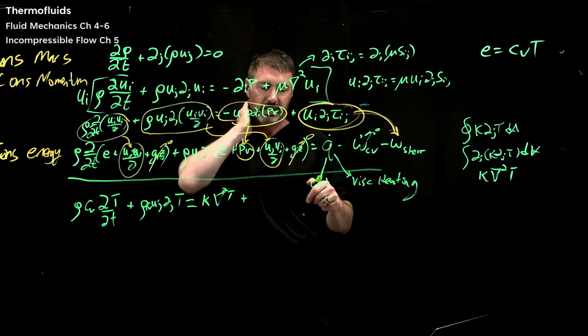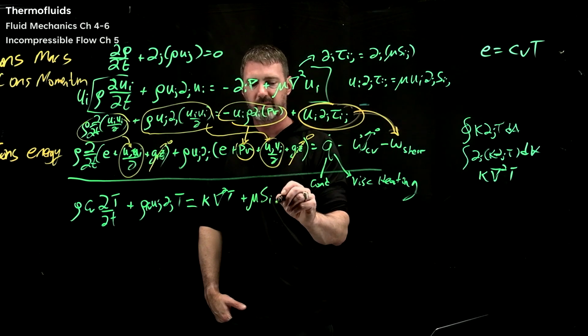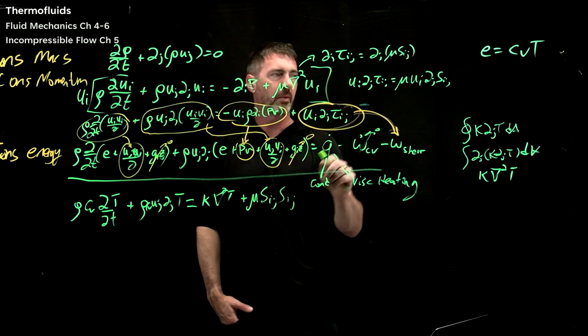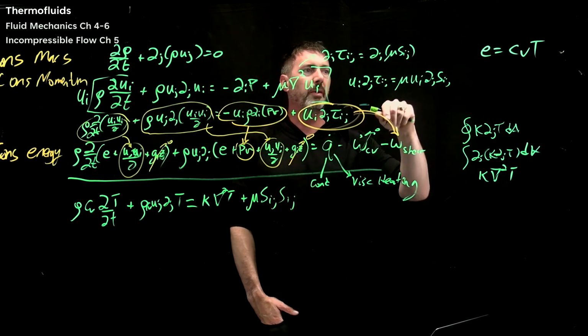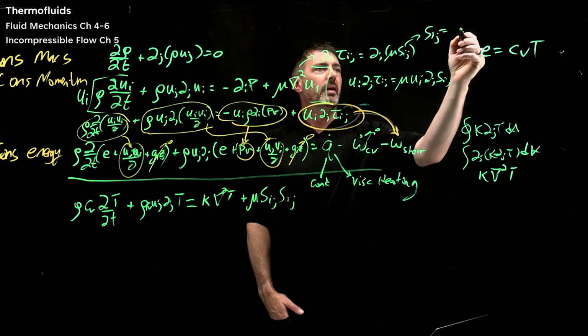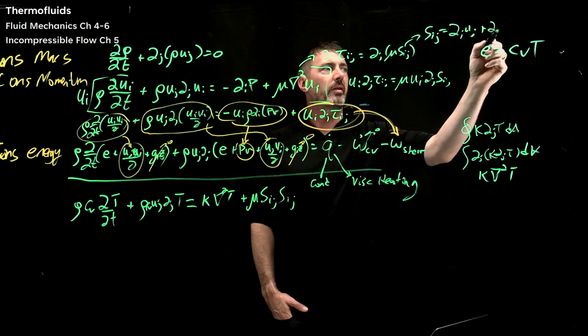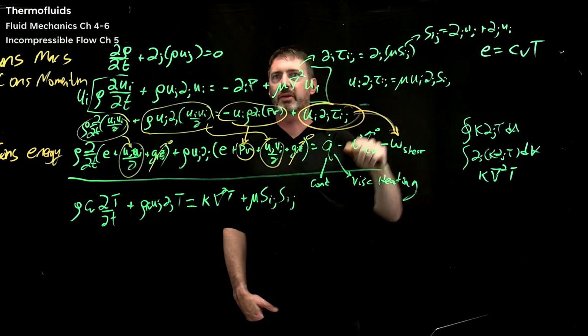And so the energy actually shows up as viscous heating, and it's usually just written with Sij, which we defined before. As a reminder, Sij was del i uj plus del j ui. It was a symmetric tensor.